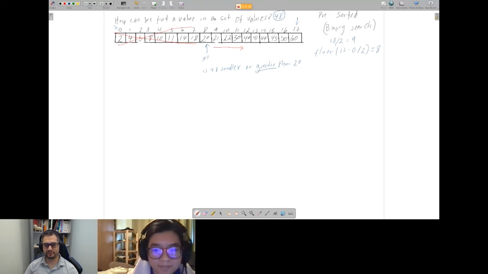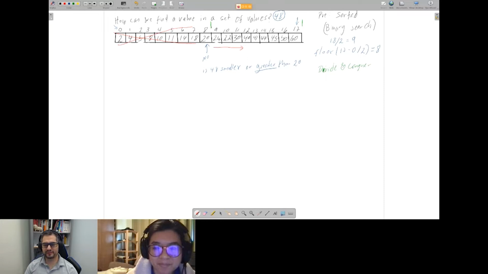I'm going to start looking from here to here. We're partitioning, we are dividing the problem. This is called divide and conquer, a divide and conquer type of algorithm.